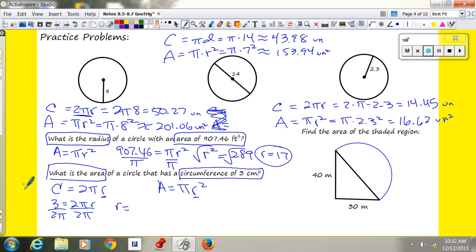So r equals 3 divided by 2 times pi. 0.48. So the radius is 0.48. So my area would be equaling pi times 0.48 squared.